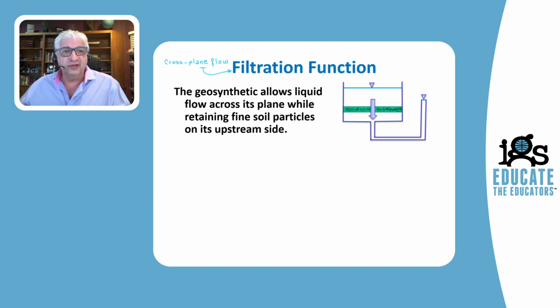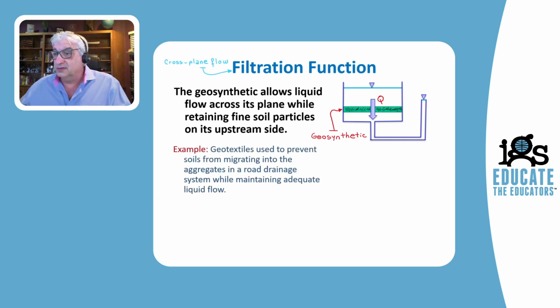And second, to avoid the movement of soil particles from the retained soil along with the water. So here we have a geosynthetic, and we'll identify first that we do have adequate water flow across the plane of the geosynthetic.